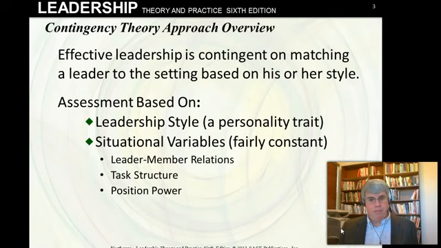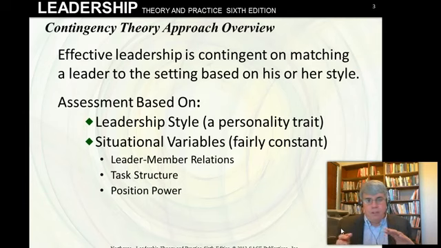And these situational variables include things like the leader-member relationships. Now, member in this model and some other models that we'll see means followers or subordinates, members of the organization that the leader wants to influence. It depends on the task structure. Is it an easy task? Is it a well-defined task?